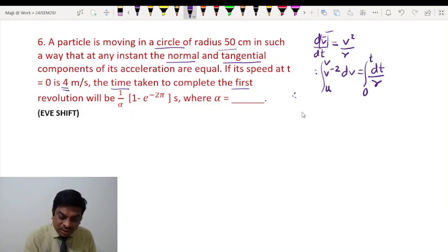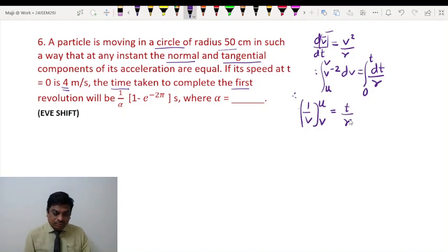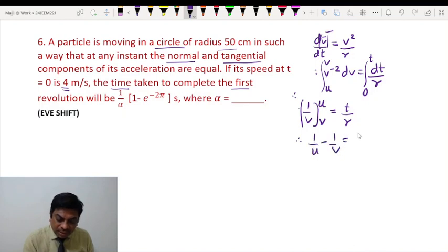So after integrating, we get minus 1 by v is equal to this. I have included the minus sign. Okay, students, by absorbing the minus sign, I have interchanged the limits.